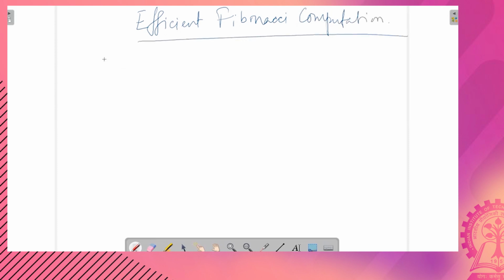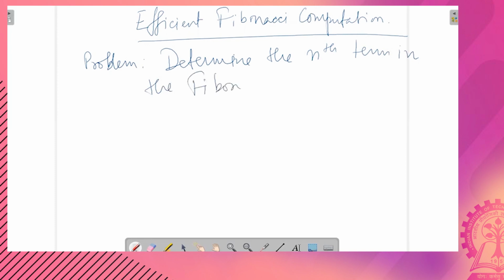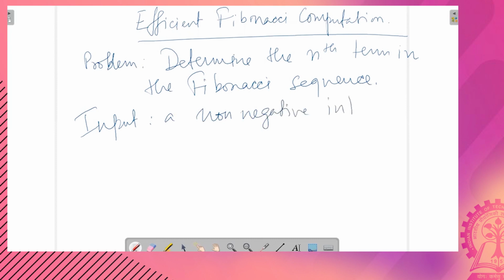Again, the problem here is the same. Determine the nth term in the Fibonacci sequence. Input: a non-negative integer n.